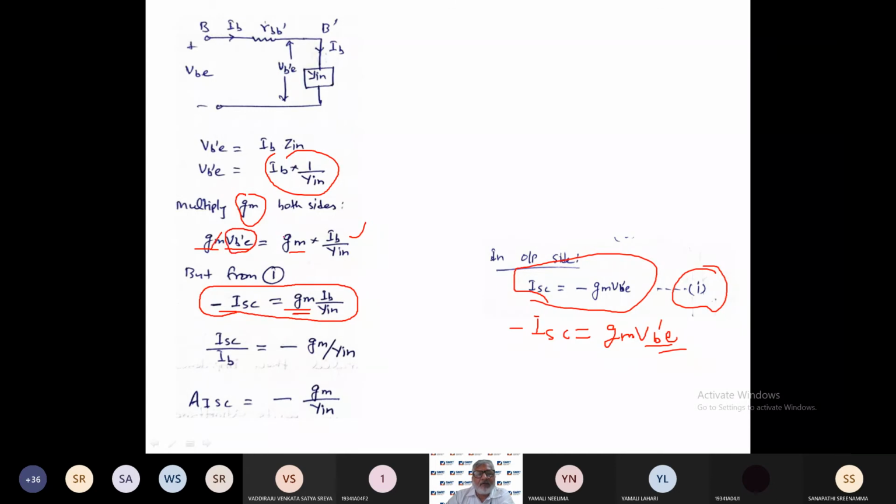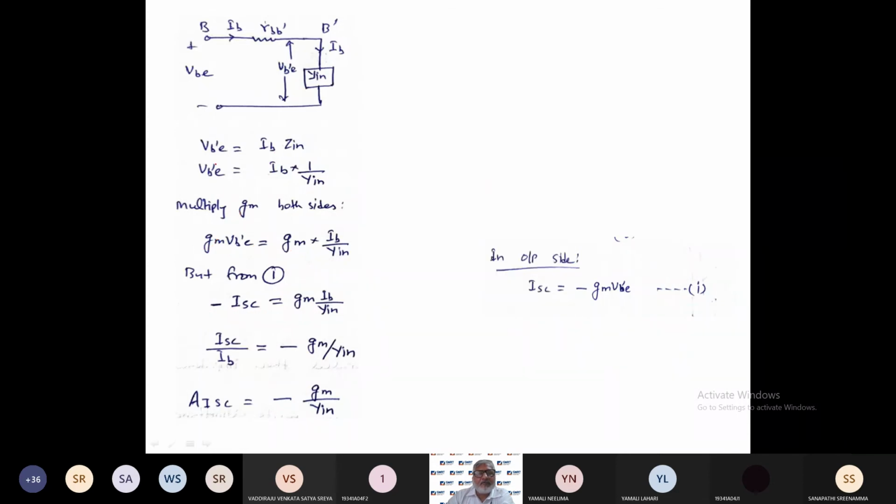If you cancel out Gm, or directly from here also you can get IB by Y in. So IB by Y in multiplied by Gm, right? So from this expression itself. Now ISC by IB, IB I will bring towards the left side. So ISC by IB will be equal to minus Gm by Y in.